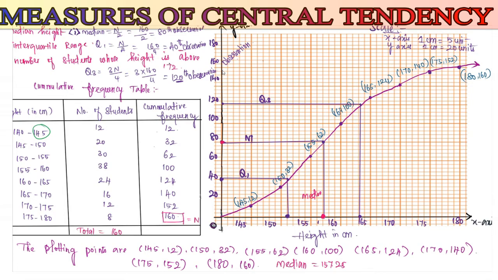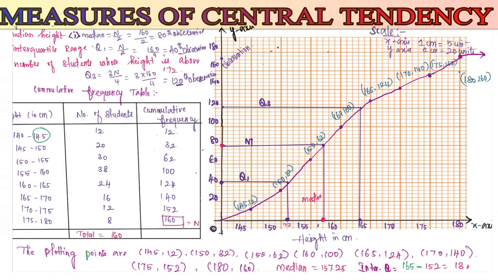Now next we need to find the number of students whose height is more than 172 centimeter. Now listen carefully. They have given more than 172 centimeter. So 170, and now this is 172 centimeter. From here you have to draw the perpendicular line first.